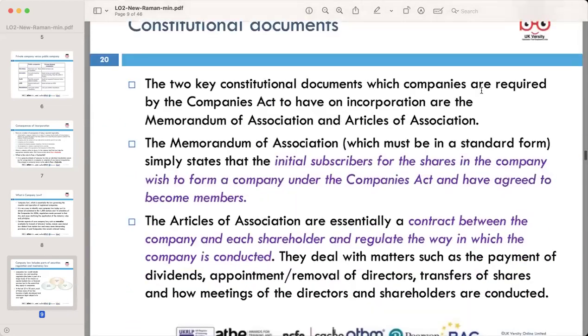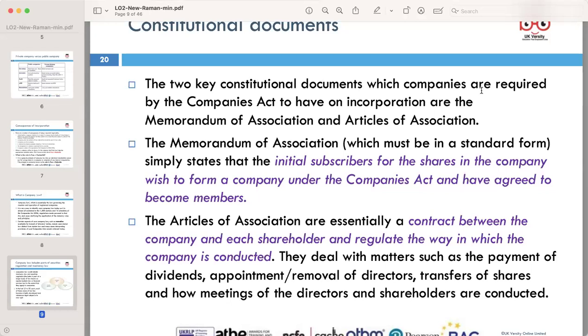Constitutional documents. Upon incorporation, two key constitutional documents are required: the memorandum of association and the articles of association. So any comments? Anybody know about the memorandum of association and the articles of association?